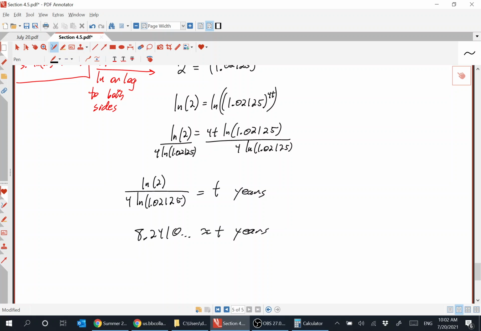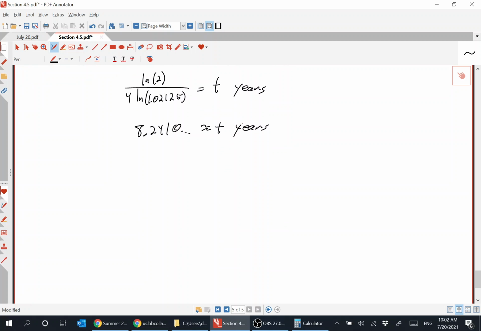There should be a C14 example somewhere. Well, this is number 17 in section 4.6. We're not going over section 4.6 specifically, but this is just a nice problem.